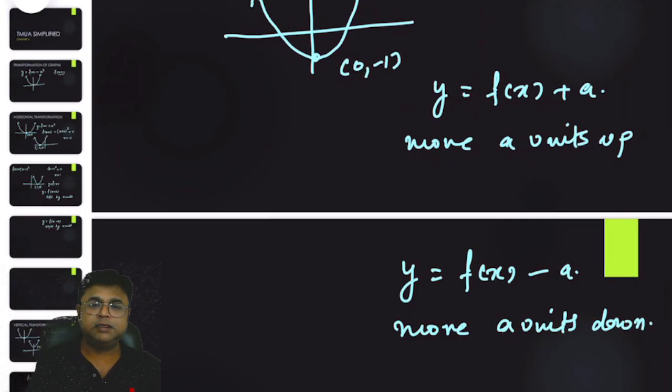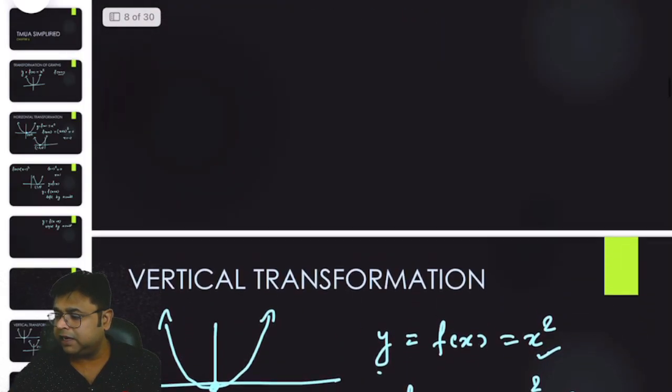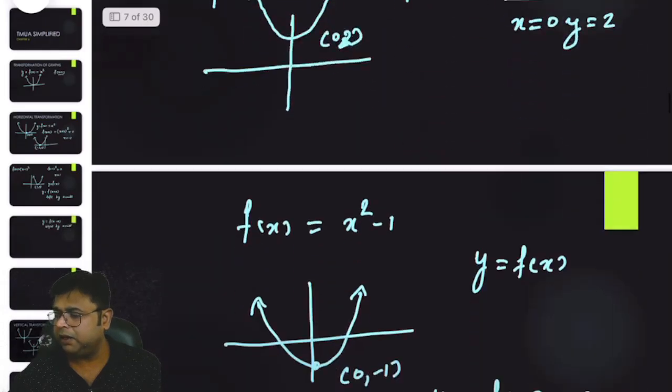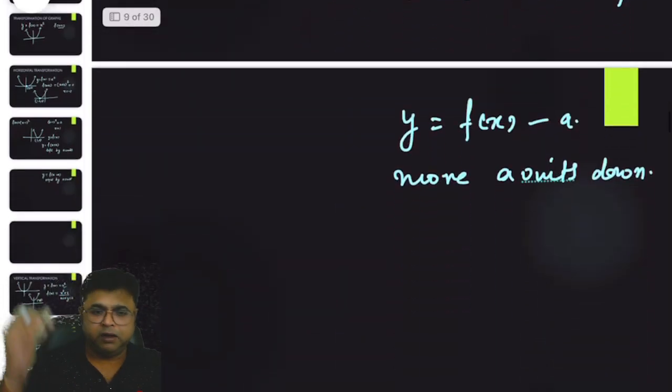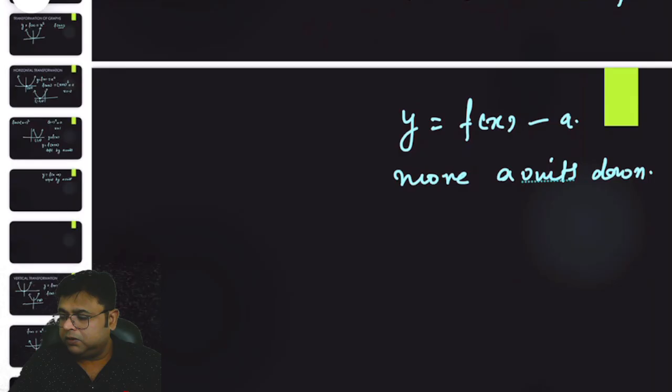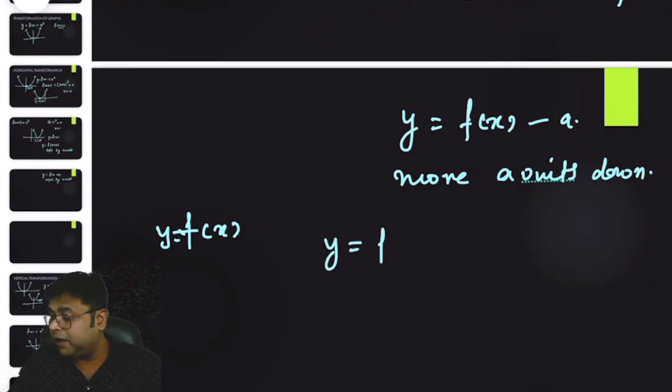The only thing is there will be a movement in the vertical direction, a units up or a units down. So this is what transformation, or translation, of a graph is, right? It is translating up or down. So just a brief generalization: if we have a graph of f(x), then the graph of y = f(x - a) will be a units to the right.